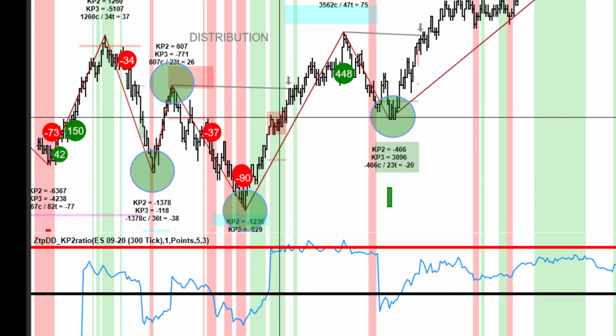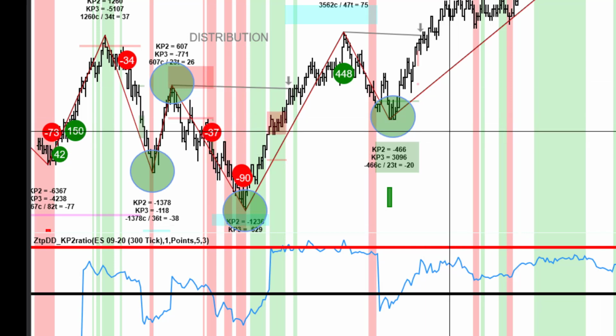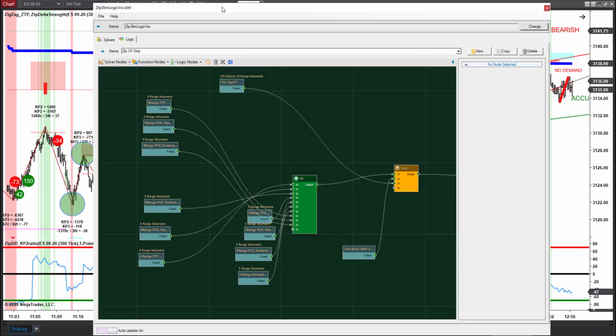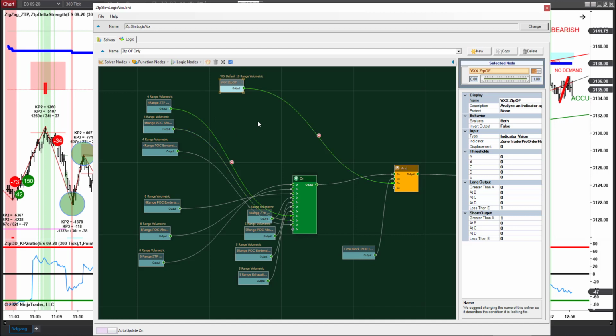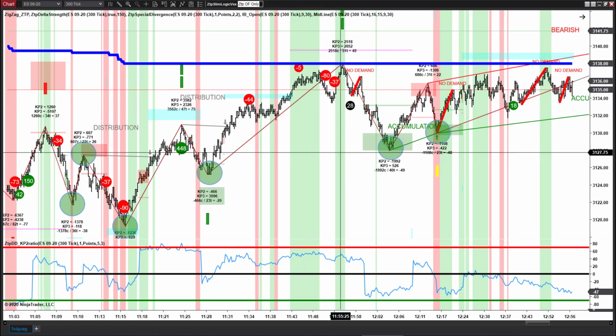In order to set this up, you need the most current version of Bloodhound because you need to add the VXX symbol in there by creating a special instrument in the NinjaTrader control panel. So that's really the only trick to this.